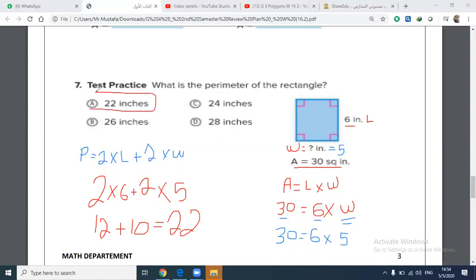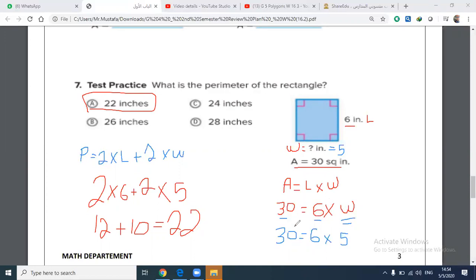Yeah. You understand this one, Muhammad? Given us the area and only one dimension. Consider it length. We need to find the width. The width is missing. Okay, use the formula. Area is length times by width. Given area by 30 and the length is 6 and the width is unknown.